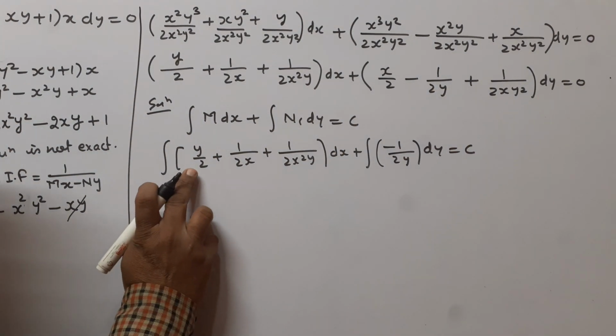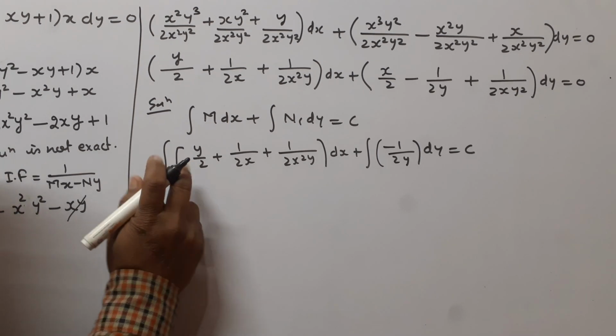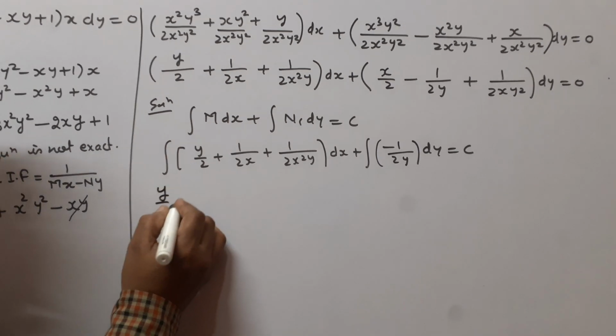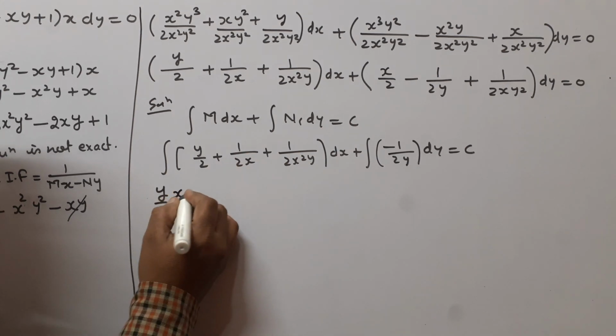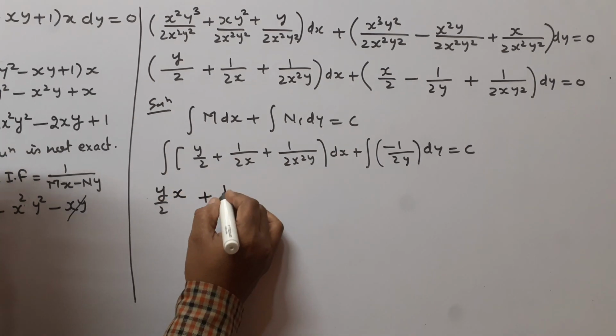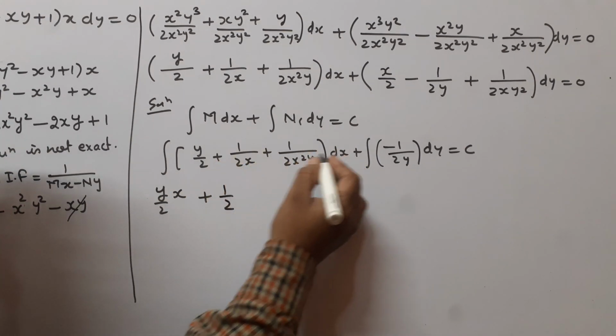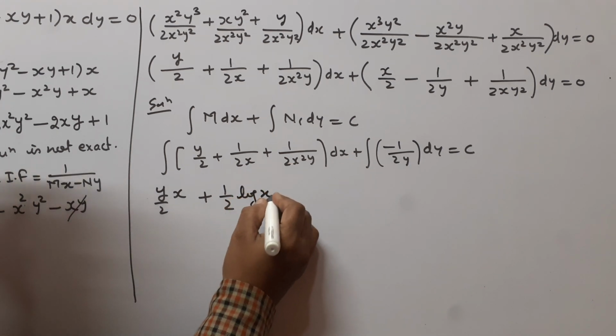So in this integration, y upon 2 is constant, and the integration of dx is x. Here 1 upon 2 is constant, and the integration of 1 upon x with respect to x is log x.